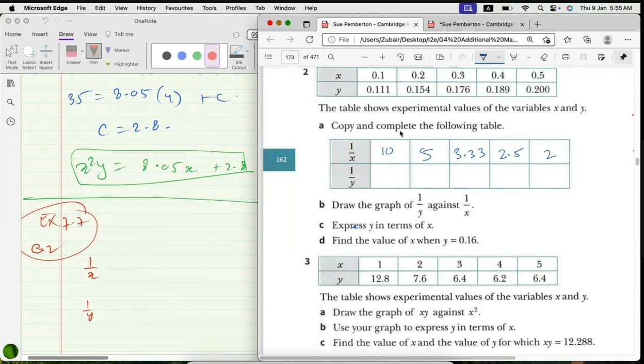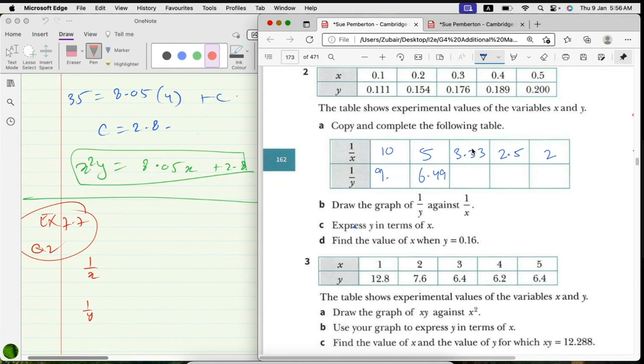And then 1 by 0.111 is 9.009. I'll just write 9. And 1 by 0.154, 6.49.